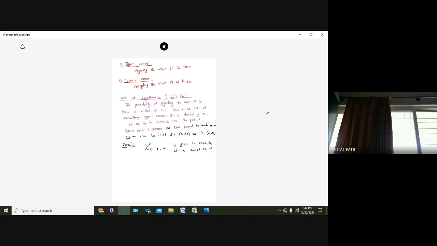So what are the possible values of alpha? Maybe 1% or maybe 5%. Usually we take it as 5%. This is one value. Okay.